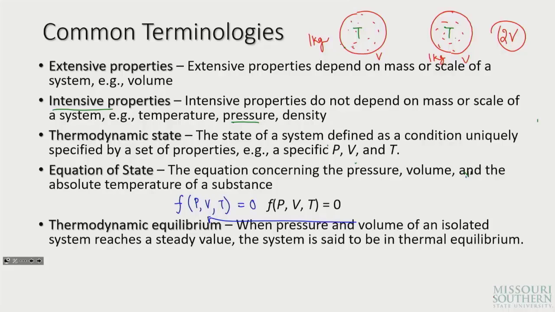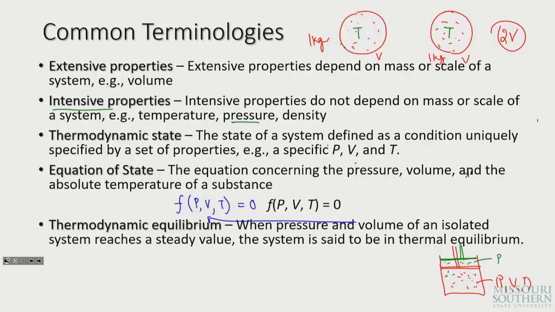Meaning, if you have a container with some gas in it, in the state P1, V1 and T1, and you pull it up, and then you wait for some time, then after some time it will attain some equilibrium state.